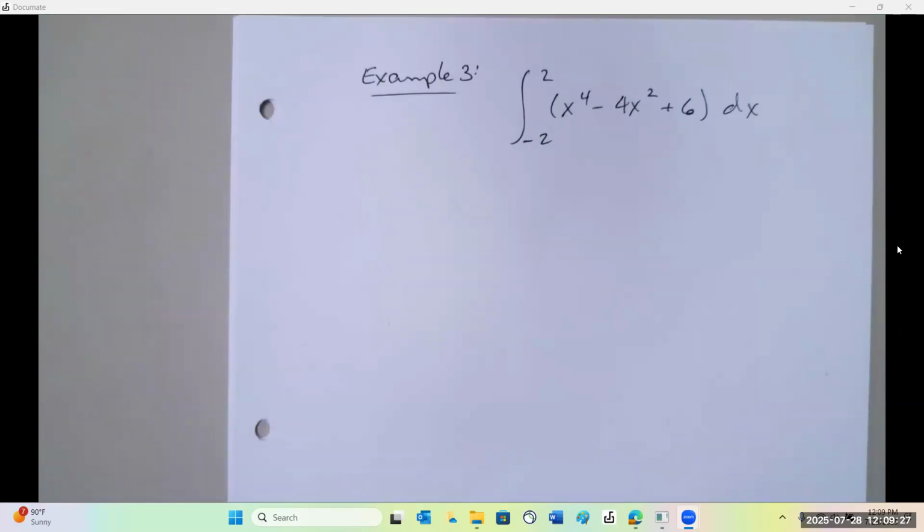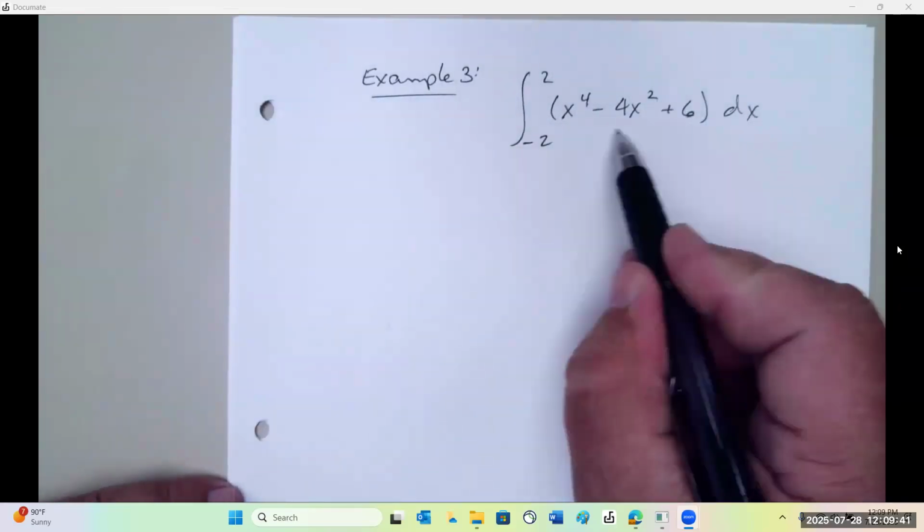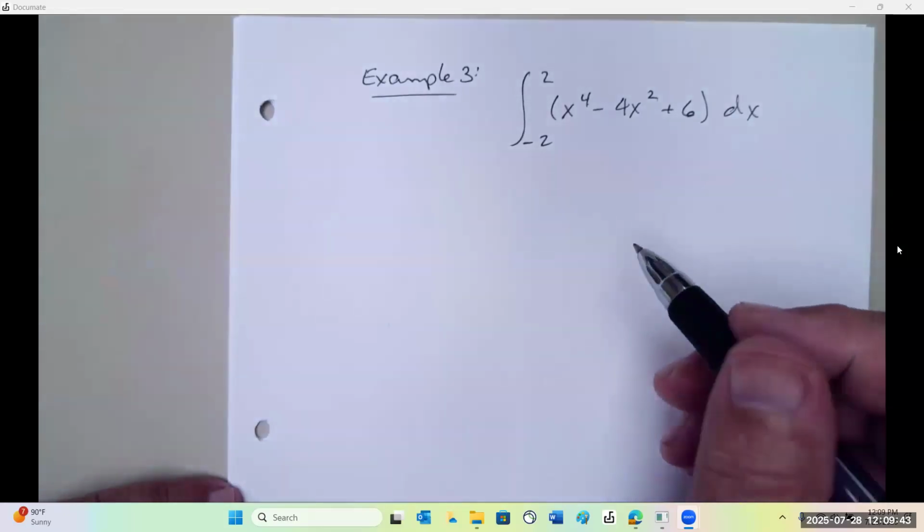So for this one, what do we do? Is it an odd function or an even function, or neither? It's even because all the exponents are even and we have a constant. So that constitutes an even function.